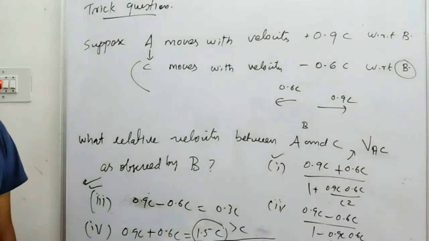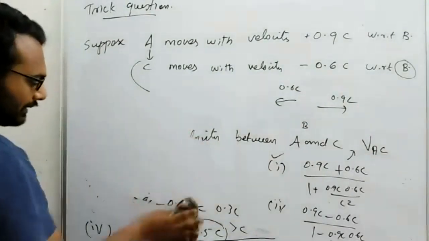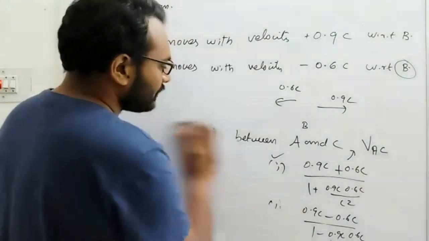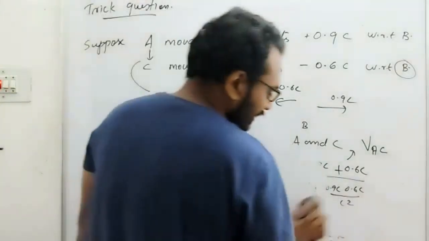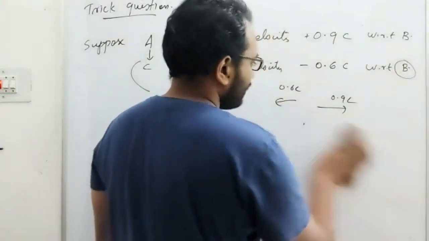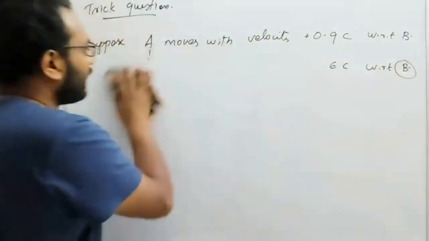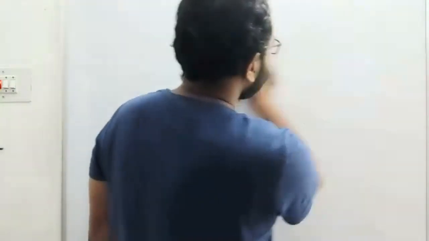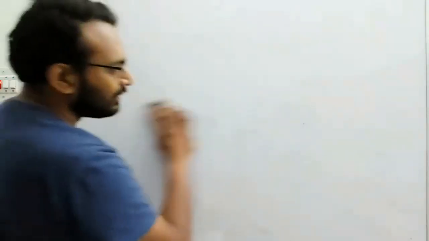Yes, sir. Okay, good. And this thing is usually not discussed in textbooks. It's also a bit confusing because we completely focus on the fact that nothing can move faster than c. And when we see this 1.5 c, we are a bit worried.